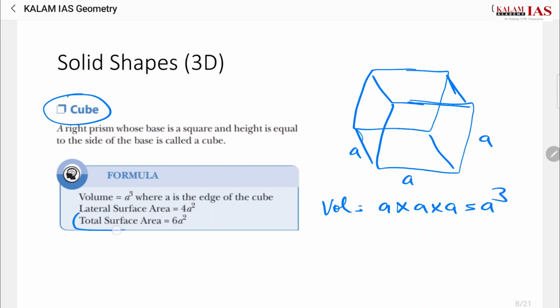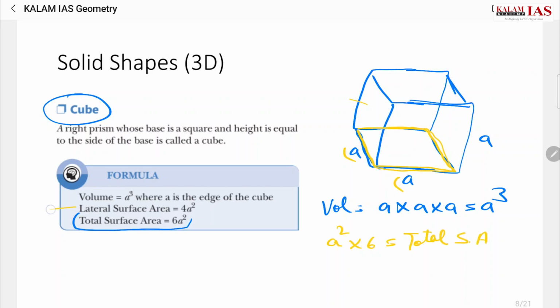For the total surface area, suppose we take this side of the cube. The surface area of this side will be A into A, which is A square, and we have 6 similar sides, so the total will be 6 into A square. This is the total surface area.